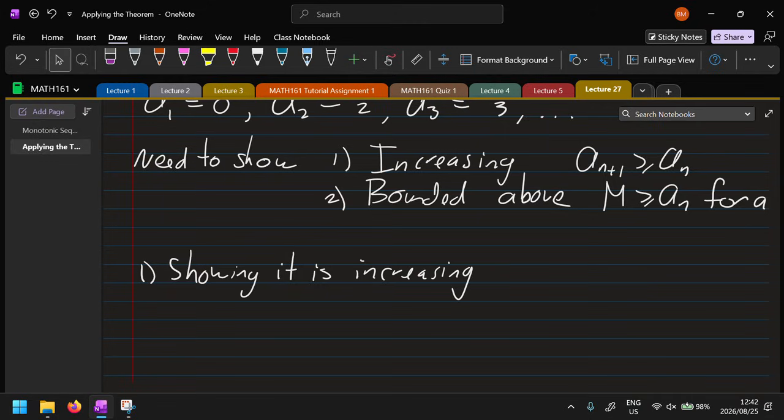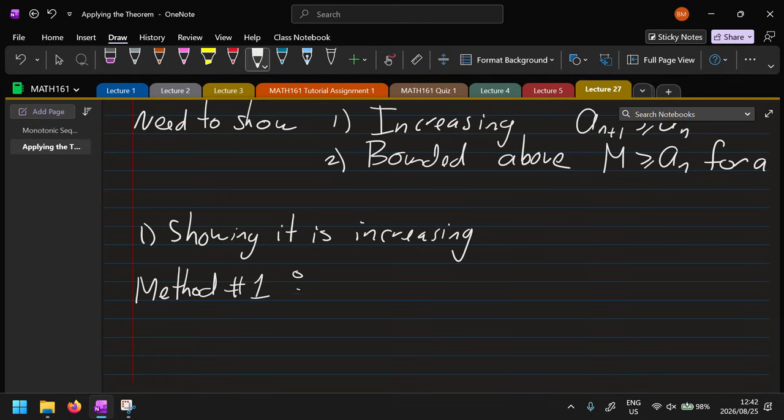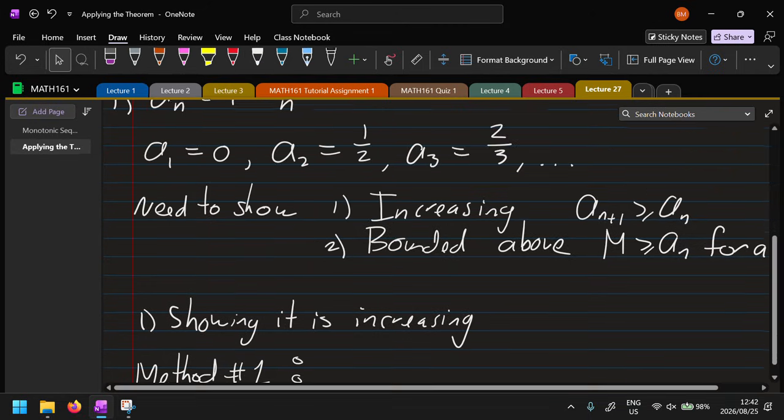So for this one, I'll show you both. And then again, depending on what you get, you can pick between the 2. So method number 1 is building up an inequality. We're going to start with some starting points, and we're going to build up towards this inequality over here.